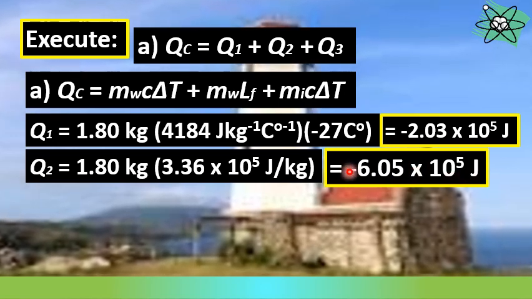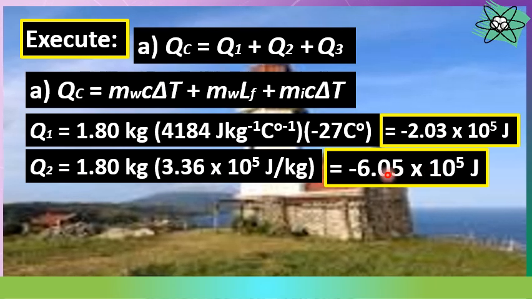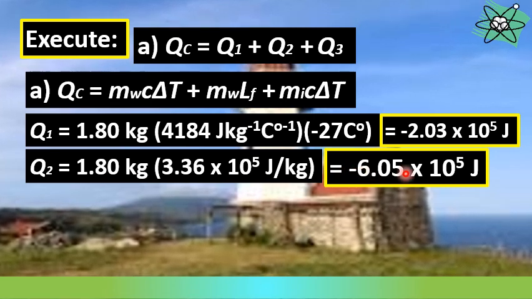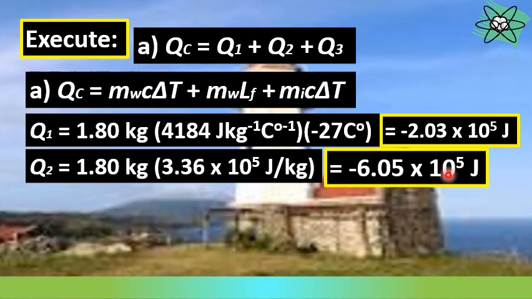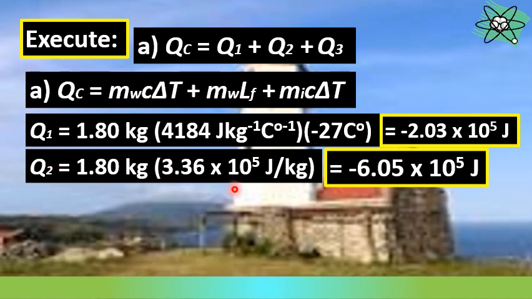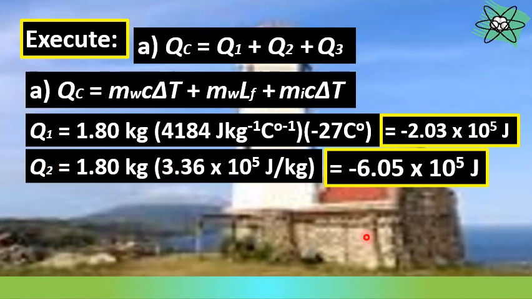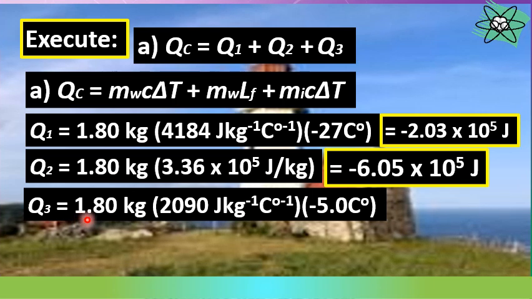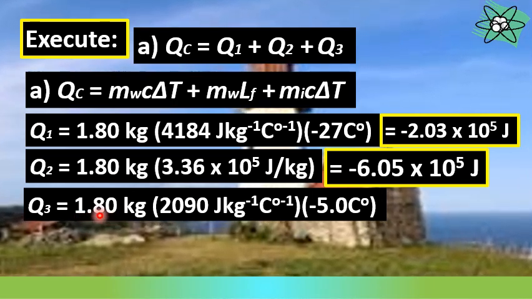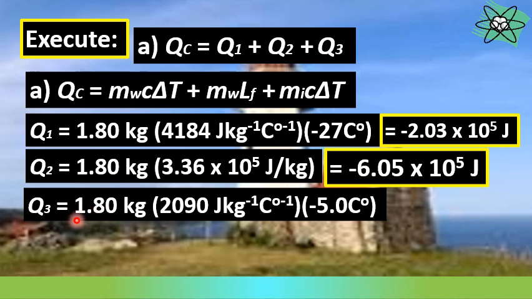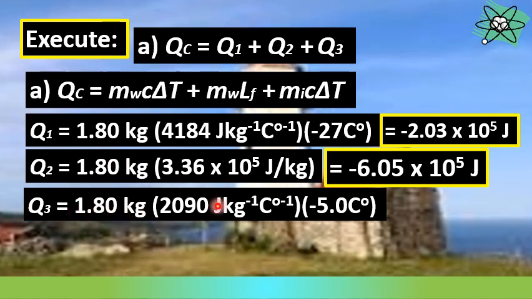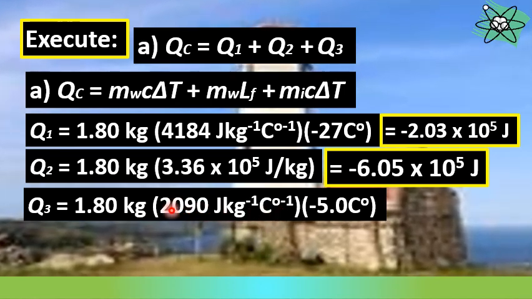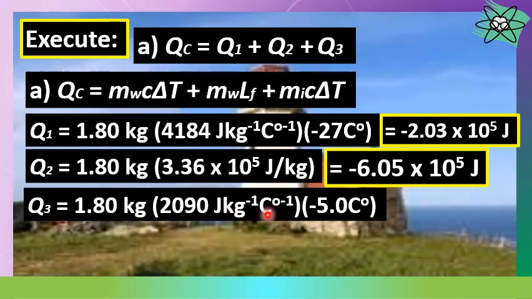Again, it's negative because the system also liberates heat to the surroundings. That is the meaning of the negative Q. And for the last term, Q sub 3, the mass of the frozen water or the ice, which is still 1.80 kilogram, multiplied by the specific heat of ice, 2090 joules per kilogram per Celsius degree.